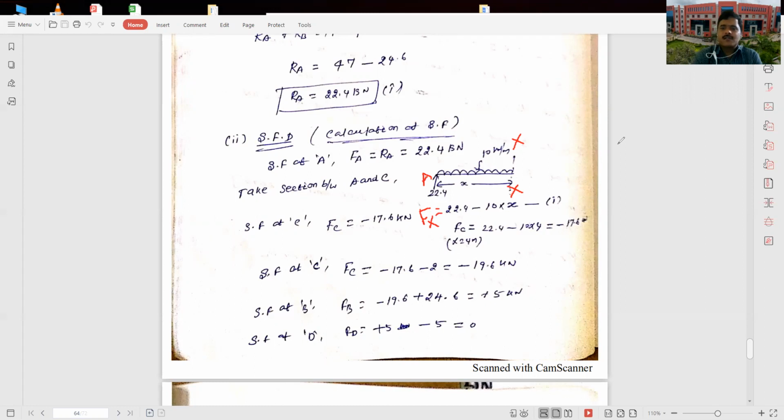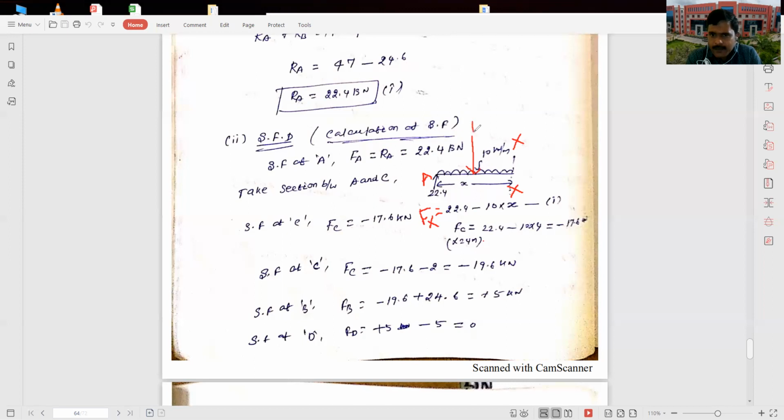So now this F of X is equal to the loads which are acting on the left side of the section. How much load is acting here? Upward load, so positive 22.4, downward load, therefore minus. If you want to convert this UDL to a point load, what will happen? At the center, x by 2 distance, this will act as a point load.